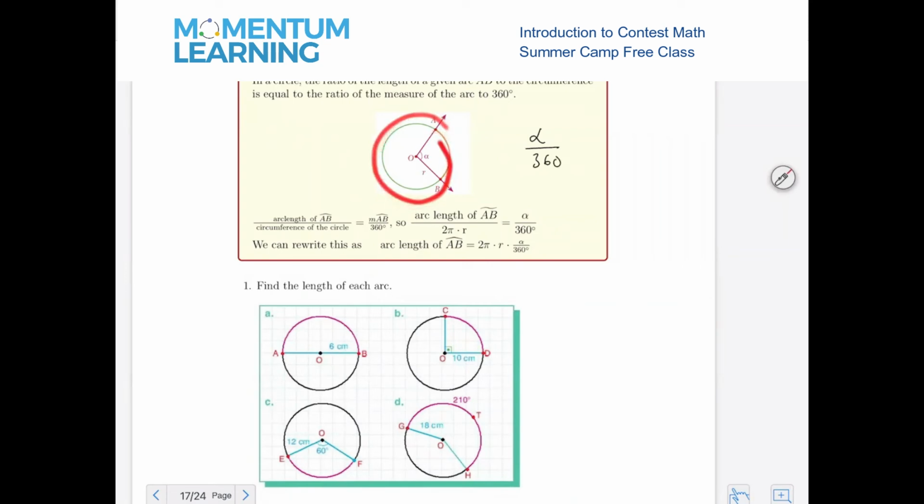It is equal to the measure of arc AB divided by the circumference, which is 2 pi r. So that means AB would have a length of alpha over 360 times 2 pi r.